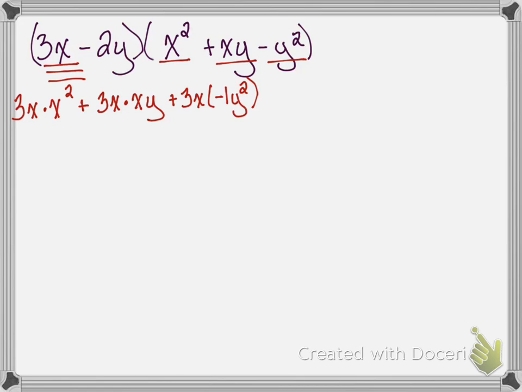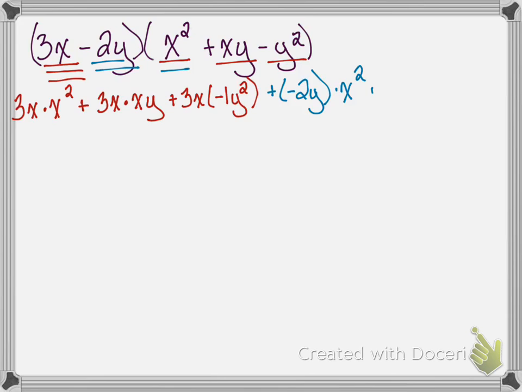Okay, now we're going to distribute the negative 2. Now, we lose that negative sometimes. So I'm going to say negative 2y. I'm going to put that in parentheses so I don't lose it. Negative 2y times x squared.